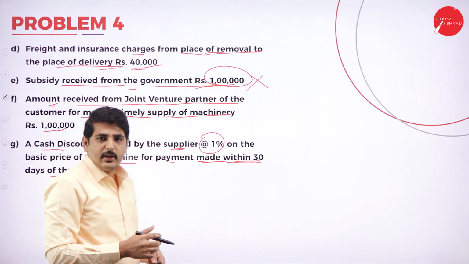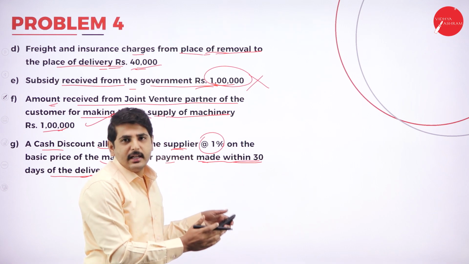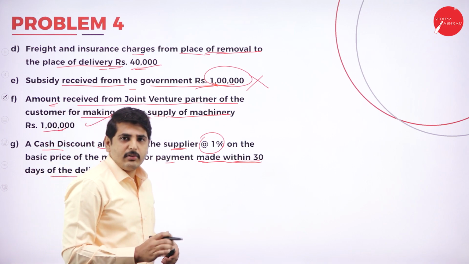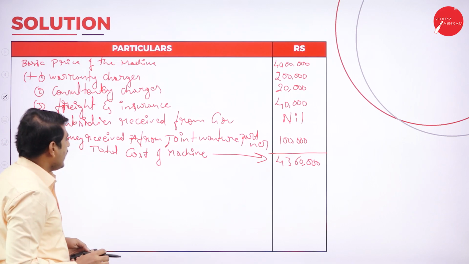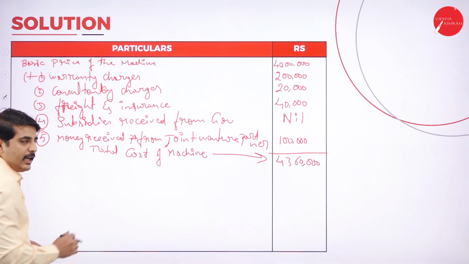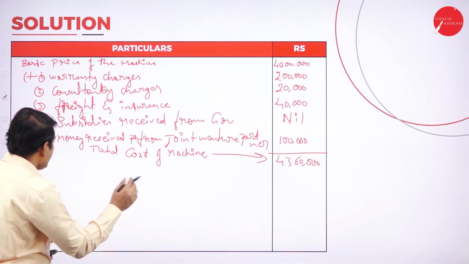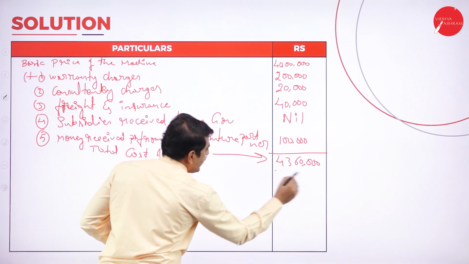So he will give the discount after the goods reach him, after the payment is made to the supplier of the goods. So we should calculate the discount after the payment or after the GST. Let's calculate. First let's calculate the GST. Later we can assume the tax. So now this is the actual cost.